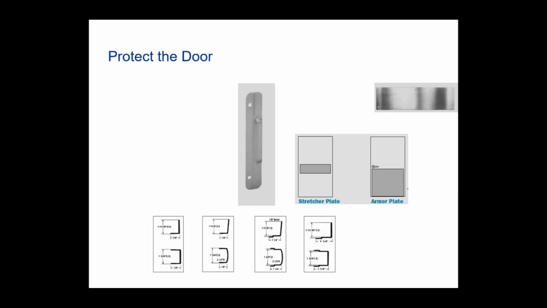This is going to save you money in the long run. It's going to save your customer headaches in the long run, and it's just going to protect your door overall. Because as we all know, as people work in buildings, they're going to push carts in, they're going to push their trash cans through, push their brooms through, they're going to slam things, break things. This will help protect you against that.